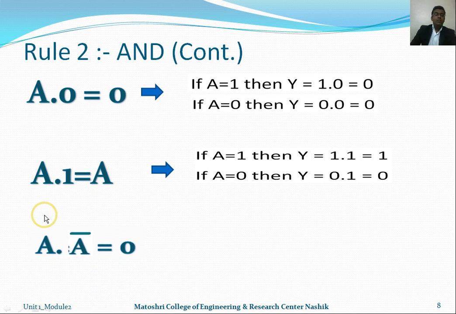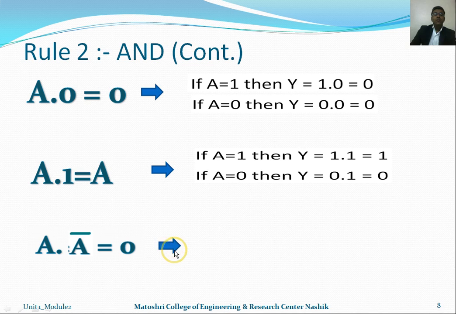Then for A dot A complement, we always get the output as 0. Why? Because if the value of A is 1, then A complement is 0. If the value of A is 0, then the complement of 0 is 1. This means a 0 is always present, and we have already seen in the first rule that A dot 0 always produces 0. If any one input of the AND logic gate is 0, irrespective of the other input it generates a 0.